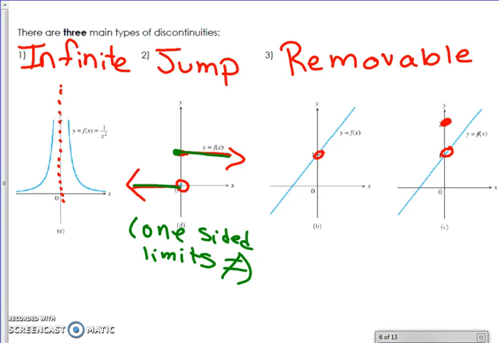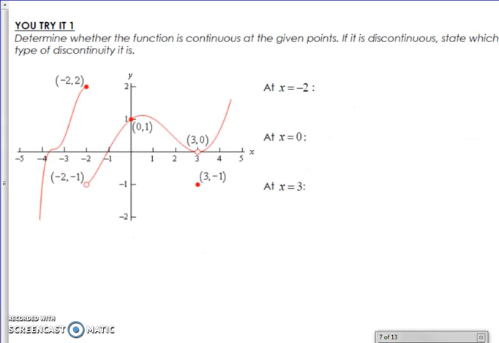So I just wanted to show you that a removable discontinuity could be the hole by itself, like in this one here, or like here, there is a hole, but then there's also a point. Okay, so either one of those are considered a removable discontinuity. Okay, so those are your three types of discontinuities. We can go to the next slide.